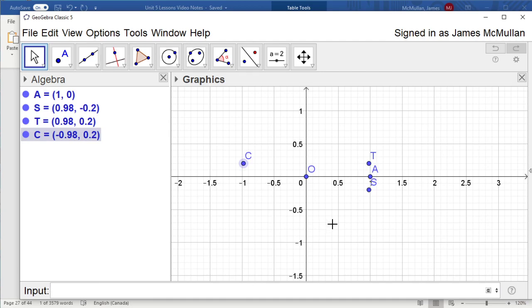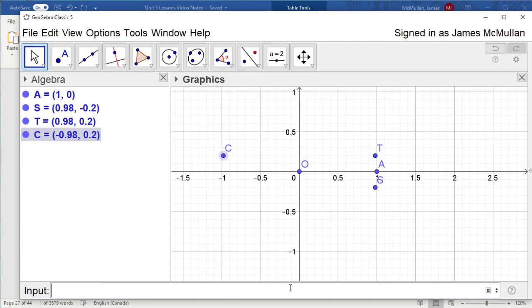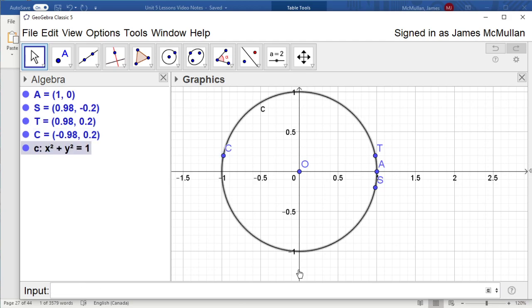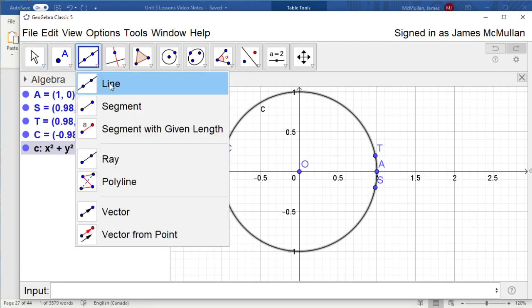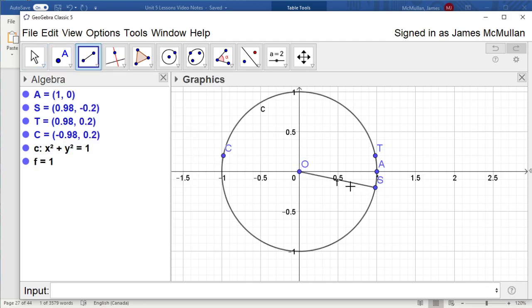Now, what do you notice about the three things that have been drawn here? If I draw a circle with radius 1, all three of these things that it just asked me to do have something in common. They all have the same beta. Let's measure the beta for each one.